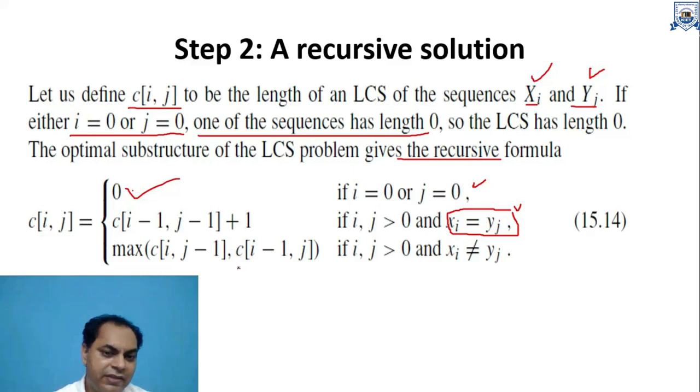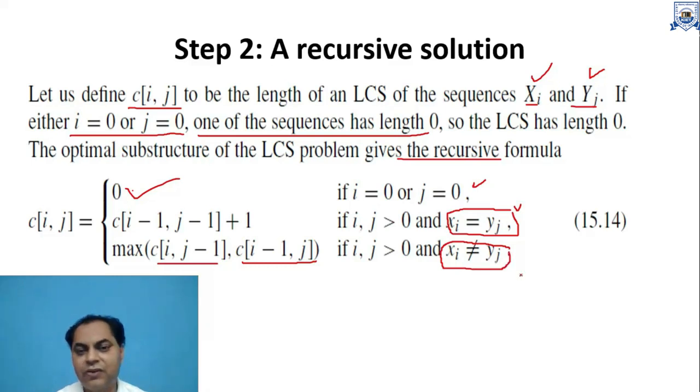Otherwise, it would be C[i][j-1] or C[i-1][j], depending on which has the maximum value, and this happens if Xi is not equal to Yj, that means the last characters of the given sequences are not equal.